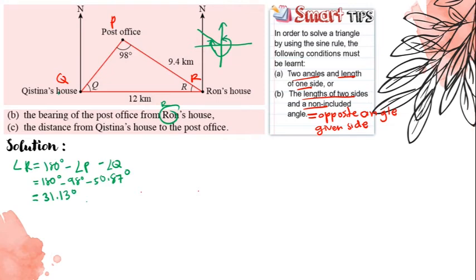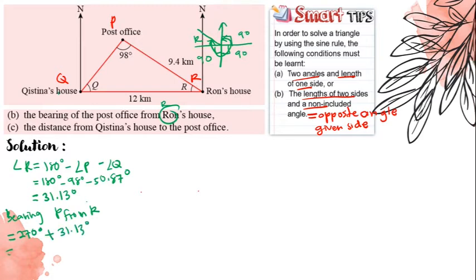This one is 90 degrees, this one is 90 degrees, this one is 90 degrees, and this one is the size of R. So to find the bearing of the post office from Ron's house, it is equal to 90, 90, 90, so you get 270 degrees, plus 31.13 degrees.